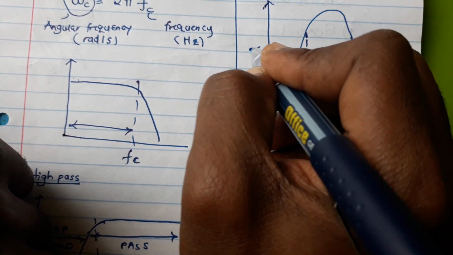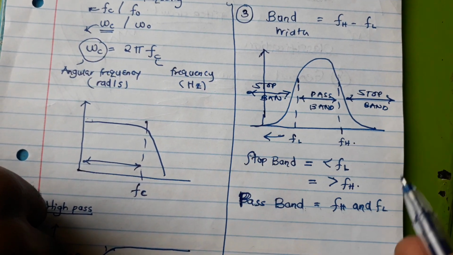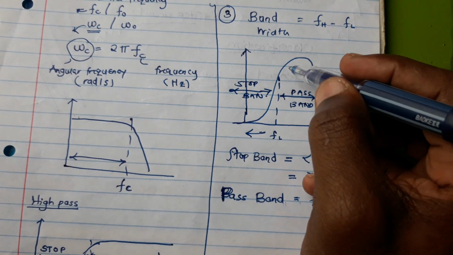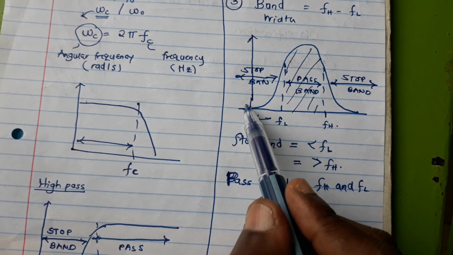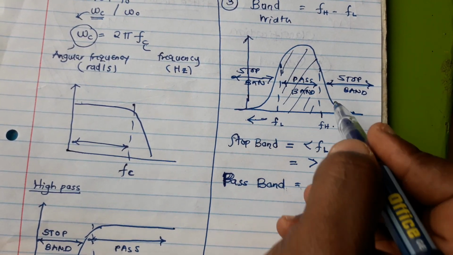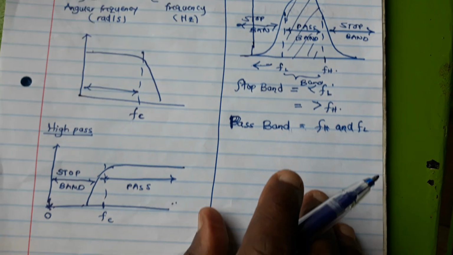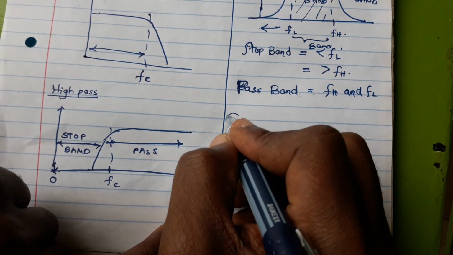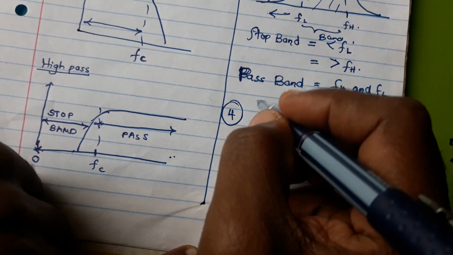And on this other side we also have a stop band. So this is a band pass filter. And the range of frequencies that can pass through is the frequencies contained within this allowable region, which we call a band. So the last in this classification is a band reject or a notch filter.